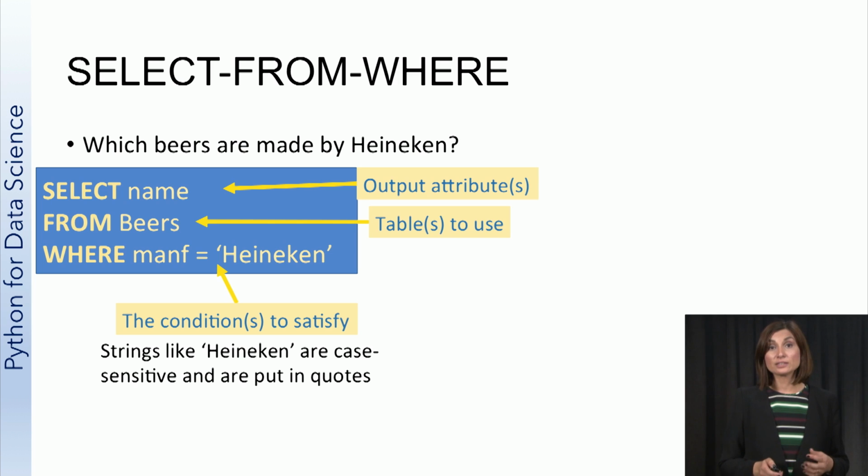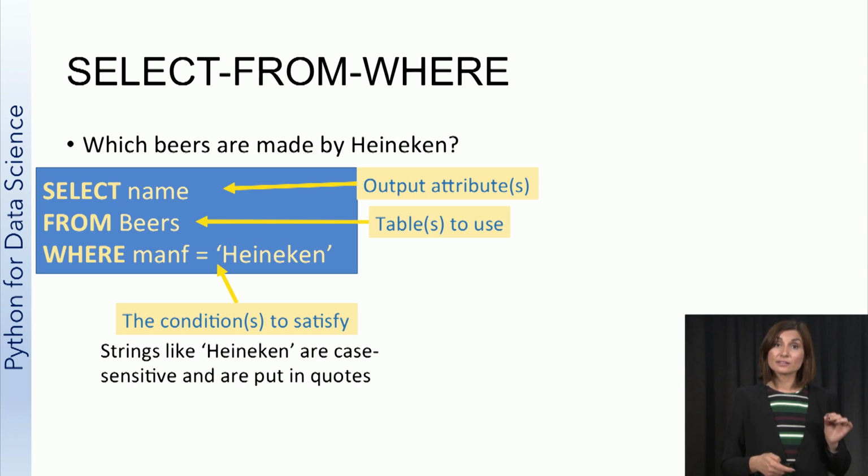And the condition that all the desired data items should satisfy, namely the value of the attribute called manf is equal to Heineken. So our query is select name from beers where manf equals Heineken.